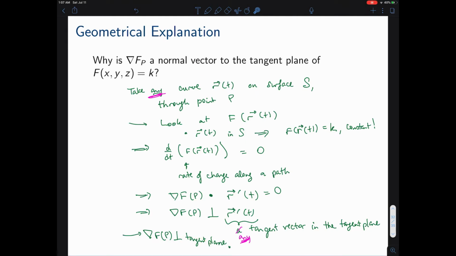Okay, so we've finished saying a proof. I hope that was fun to hear. I hope you enjoyed hearing how we were able to use our knowledge about rate of change along a path, which is fresh, right?